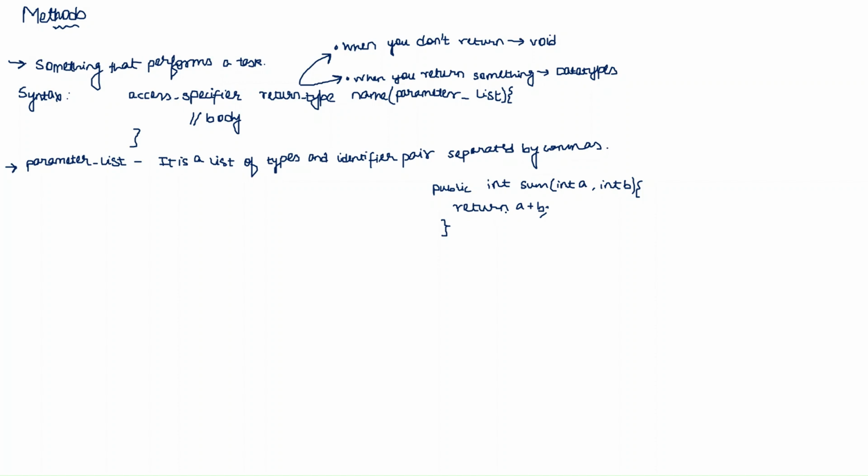If you're a beginner, you can enclose this within a pair of round brackets, but it's okay. Since there is just one expression that you're returning and both of these operands are of type integer, the sum would also be an integer, and therefore you don't need to store this in any kind of a variable. Now this right here, int a, comma, int b, is the formal parameter list.